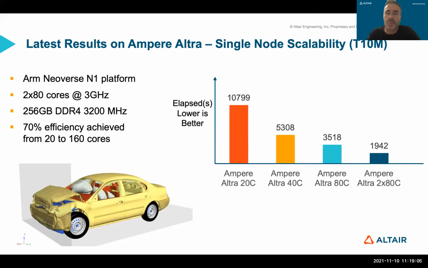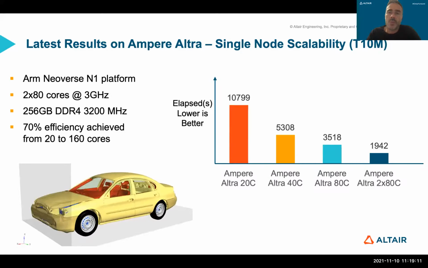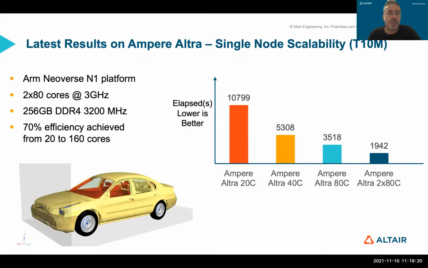So the balance between the compute and the memory is key. And here what we see is that we can continue to have good efficiency while we increase the number of cores on the machine. Something like 70% internal efficiency, which is good.